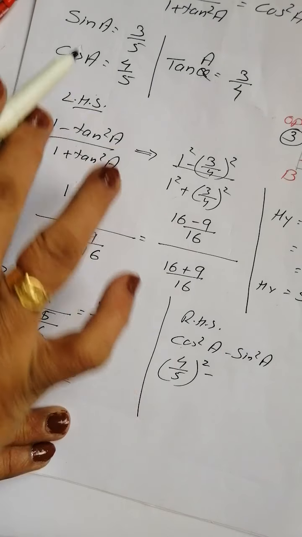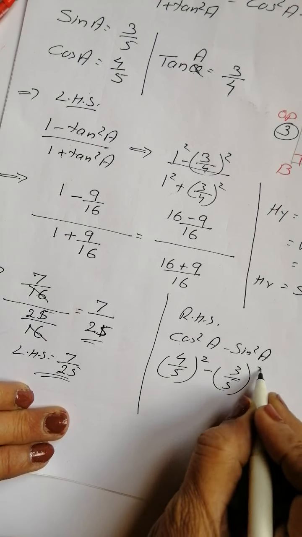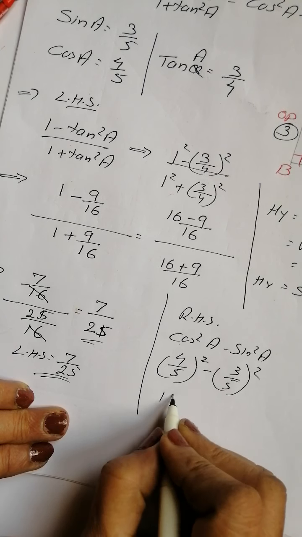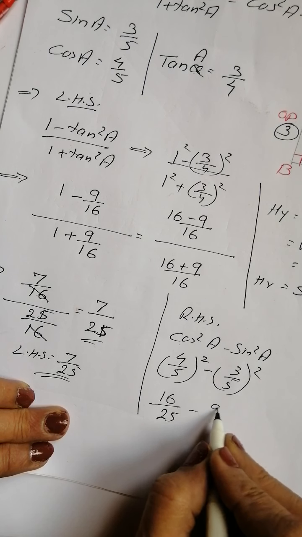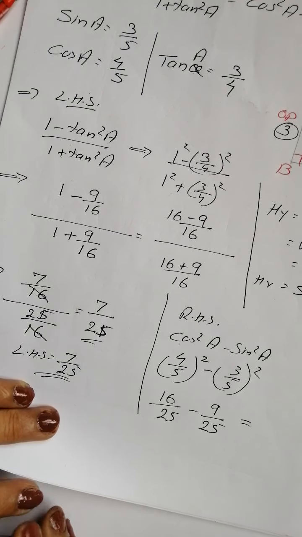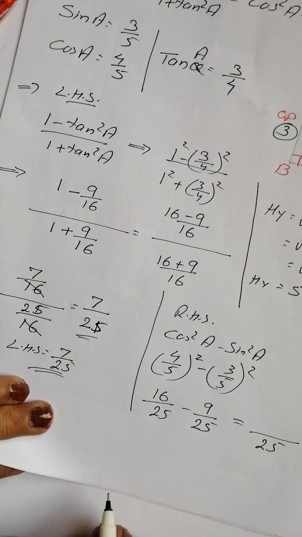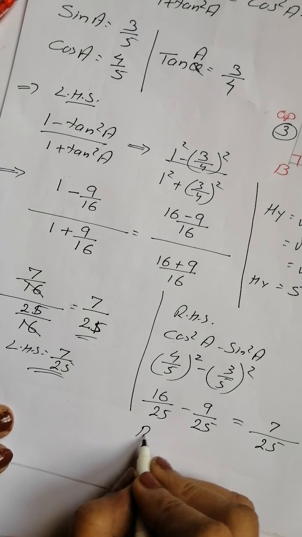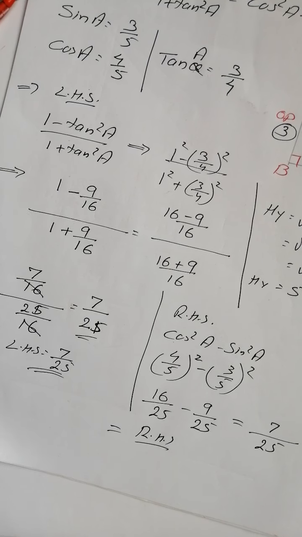Sine is 3 by 5, the whole square. 4 square is 16 by 25 minus 3 square is 9 by 25. The LCM is same, so 25. 16 minus 9 is 7, so 7 by 25. So RHS is equal to LHS. So we have evaluated it.